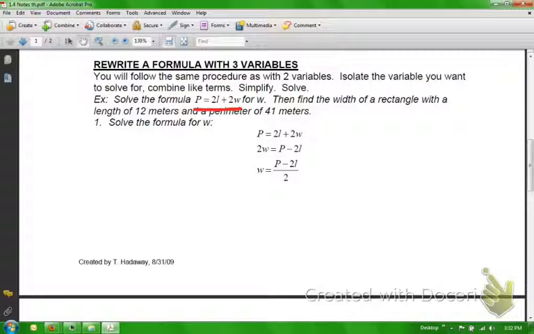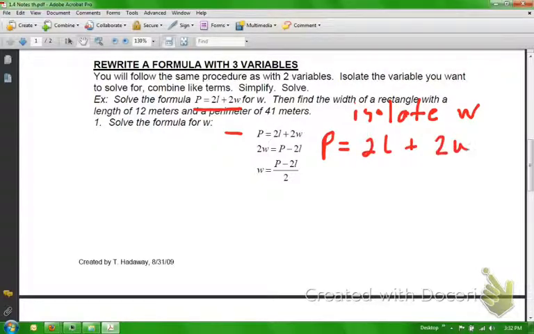We begin just like we did last time. You want to isolate the W. Okay? So if you look back at our equation, we have 2W plus 2L. Well, let's write this over here so we can work with it. We want to undo. Well, we're adding 2L to 2W, so we want to subtract 2L from both sides.